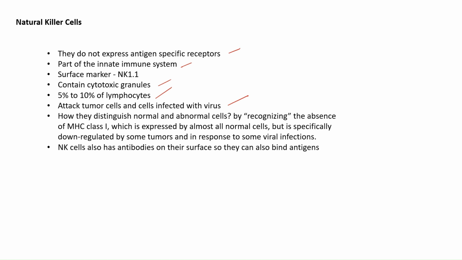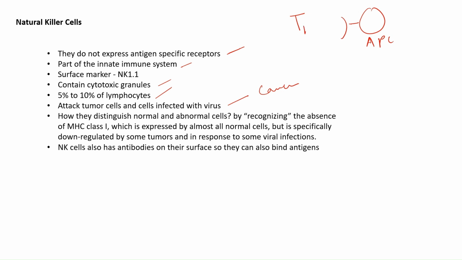That means their function in our body is to protect us from cancer cells, the cells that became cancer or infected with any virus. Now, unlike B cells and T cells, they do not have any antigen receptors on their surface. Now, how do they recognize self and non-self then? In case of T cells, we learned that T cells recognize antigen that are presented by antigen presenting cells, but these antigen presenting cells should contain some MHC on their surface.